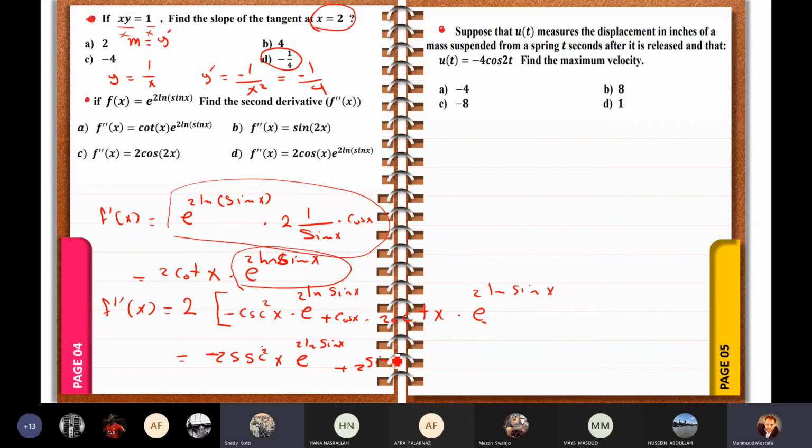Sine over cosine squared multiply by e power 2 ln sine x.